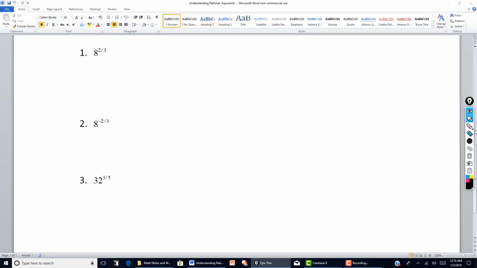Okay, the next one, I can work exactly the same way. I could say 32 is 2 to the 5th. So I can write this expression as 2 to the 5th, taken to the 3/5 power.